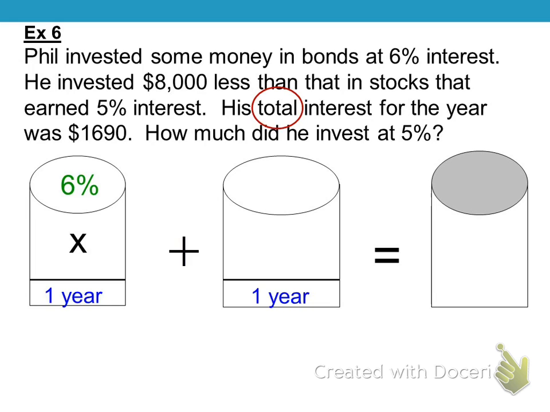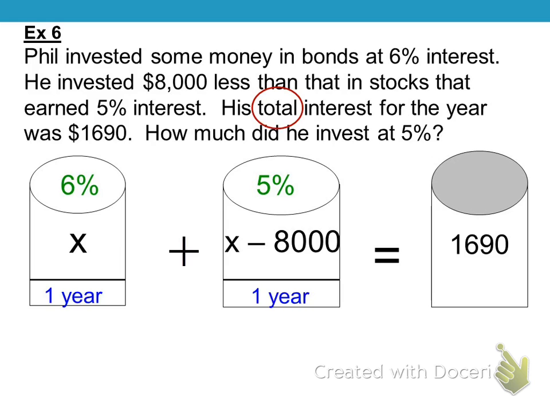Now, what do I know about the amount that's being invested at 5%? It's 8,000 less than X. How do I write 8,000 less than X? X minus 8,000. And then again, we already said the total goes on the right side. It's kind of flip-flopped because in the previous examples, we knew what the total was.